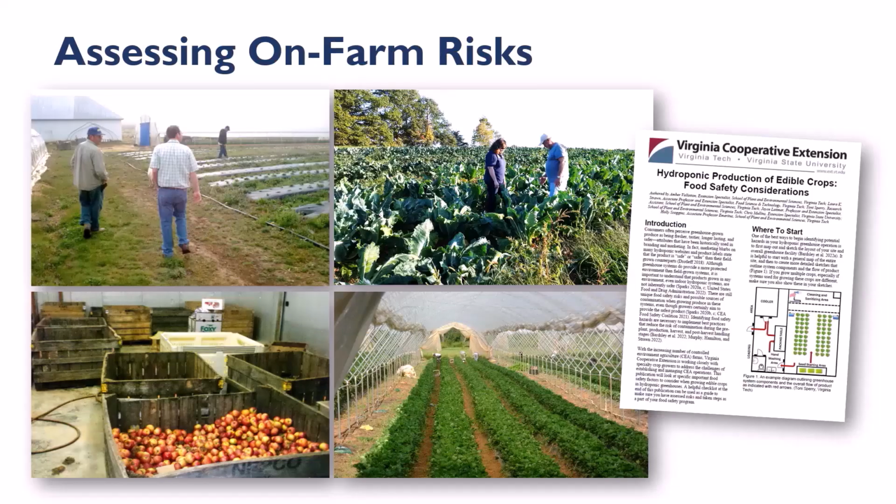The first step for preparing for your audit is to assess the risk, as we have already learned. Please take the time to review those modules and fact sheets since there is a lot of important information. If you have a hydroponic greenhouse system or operation, we encourage you to explore our VCE fact sheet entitled Hydroponic Production of Edible Crops, Food Safety Considerations.